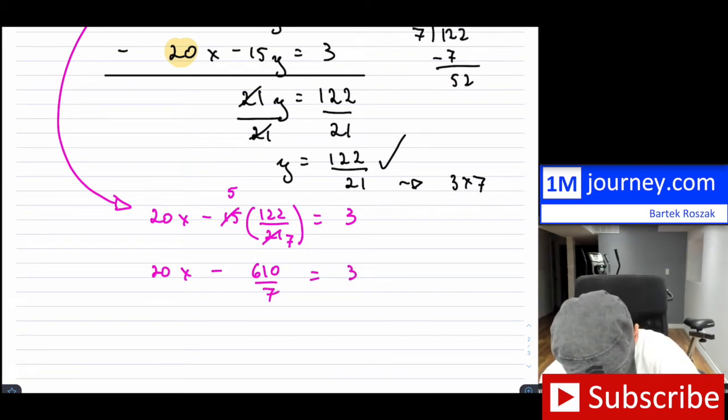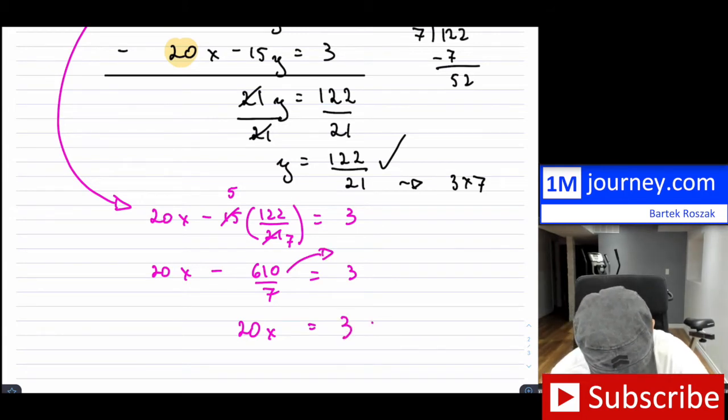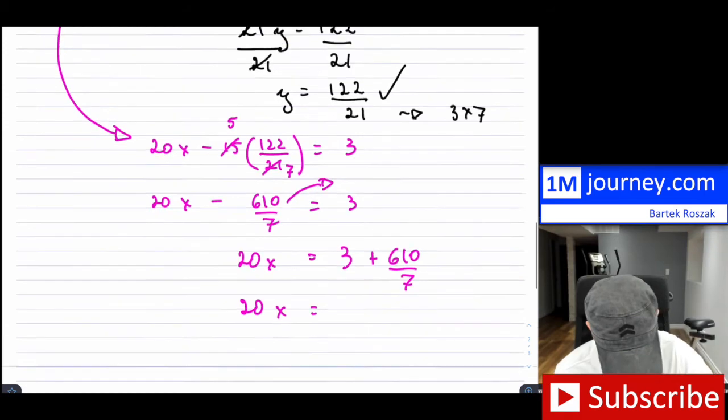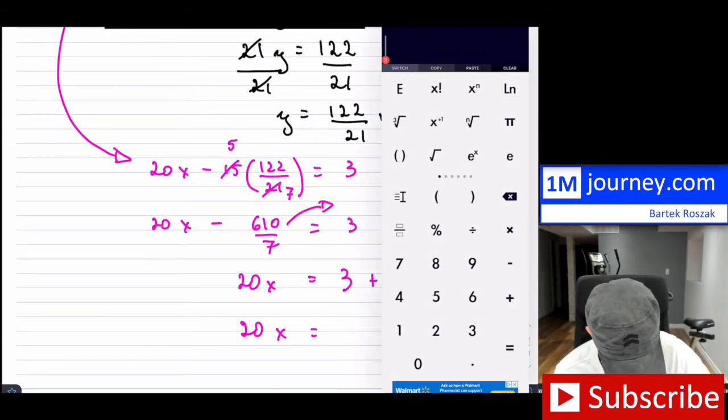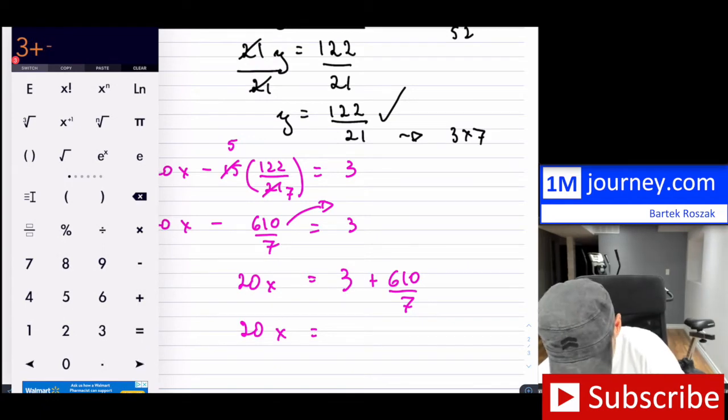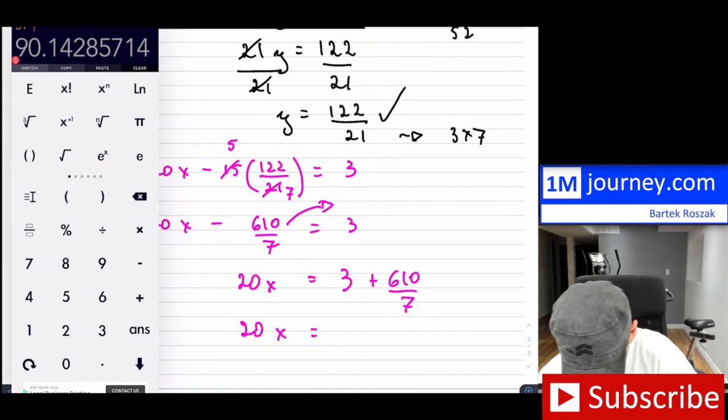All right. So now shifting this over to the other side. So this is 3 plus 610 over 7 equals 20x. Okay, and now we're going to do 3 plus, so put this over that.